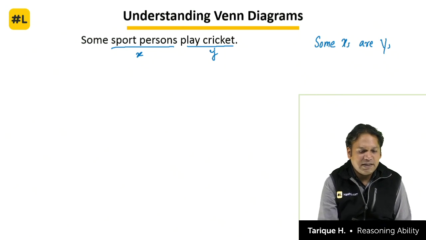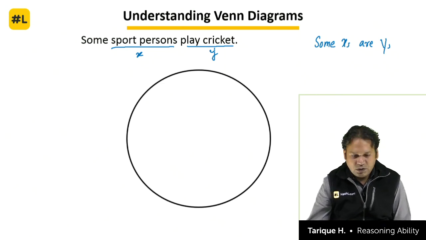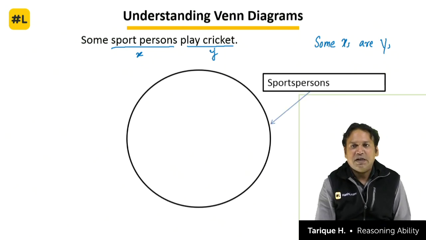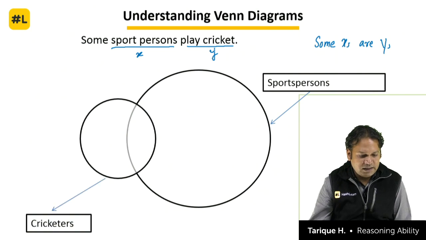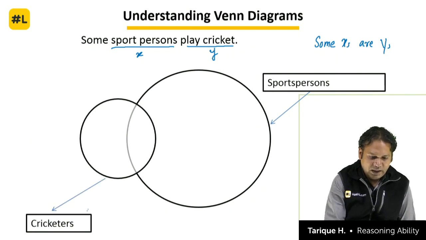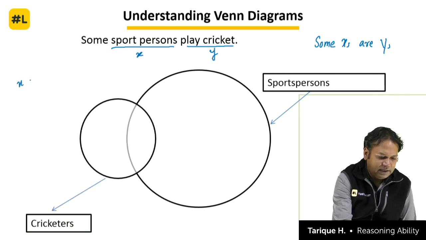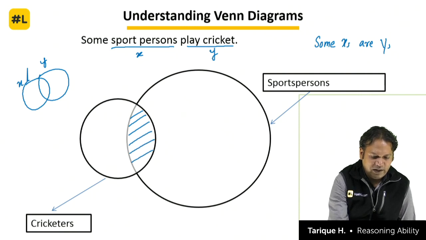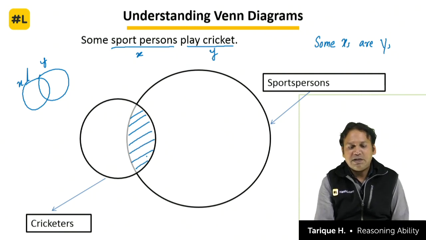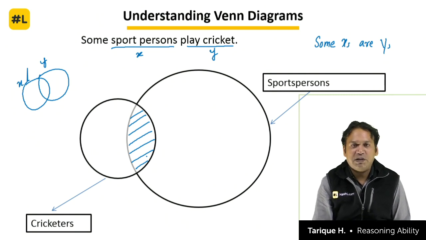So how do we represent this using a Venn diagram? Let this be the circle of sports persons and this be the circle of cricketers. Some x's are y's, so x and y are two circles that have some overlap. Here we have the overlap between sports persons and those who play cricket. Clear? That's how we make the diagram for this particular statement.